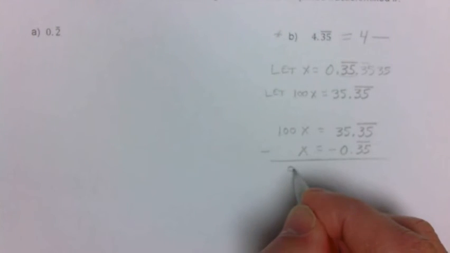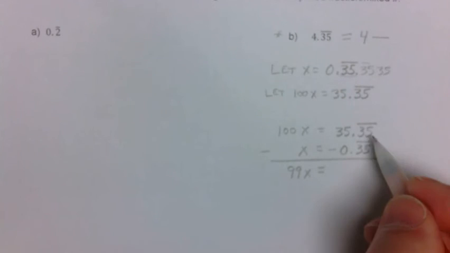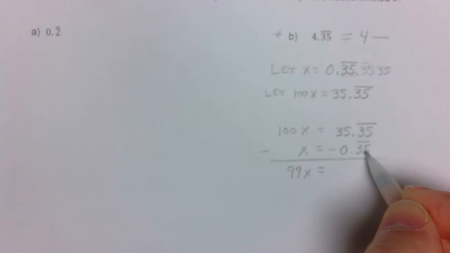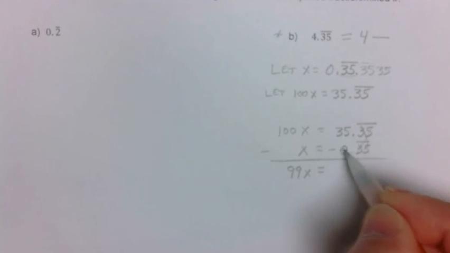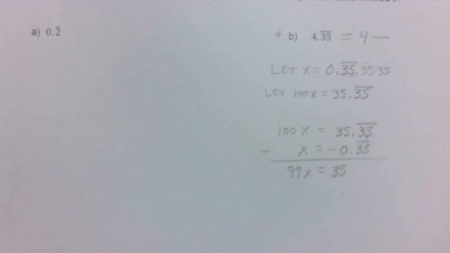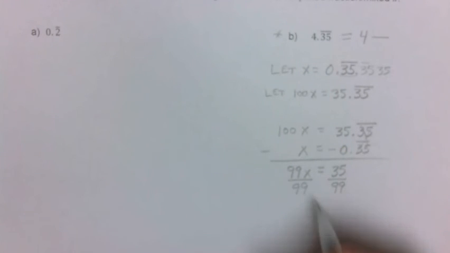100x minus x is 99x, and that equals, well, 35.35 repeated minus this 0.35 repeated. That's going to make 0. 35 minus 0 is 35. Now divide each side by 99 to get x alone, and x is equal to 35 over 99. Okay, and we just have to make sure that that is in simplest form.